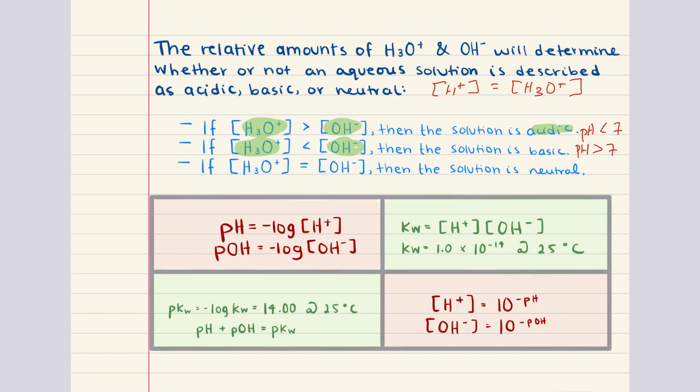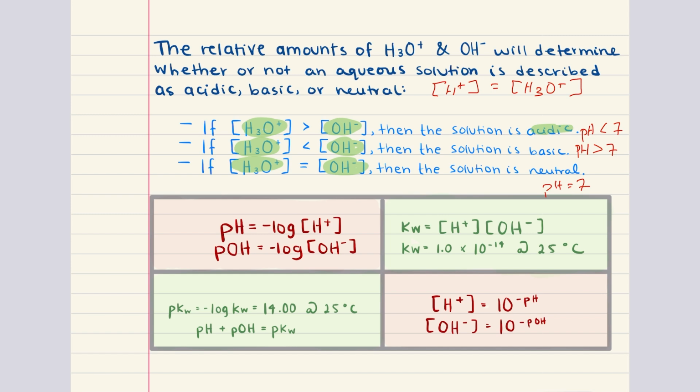If the hydrogen ion concentration is equal to the hydroxide ion concentration, then the solution is neutral. The pH is equal to 7.